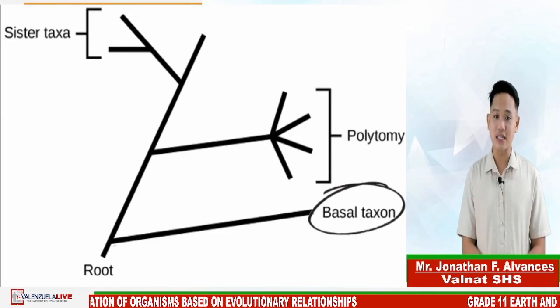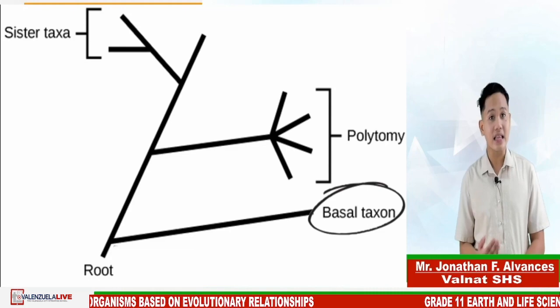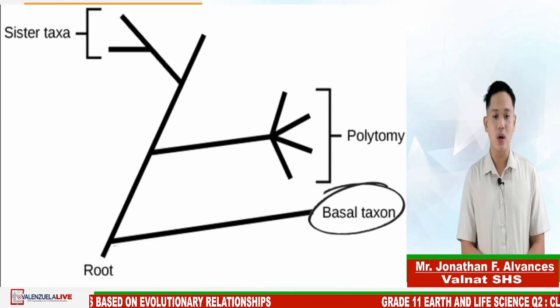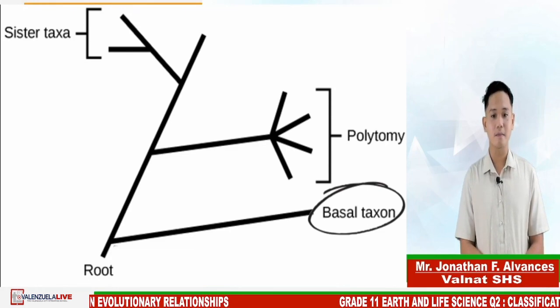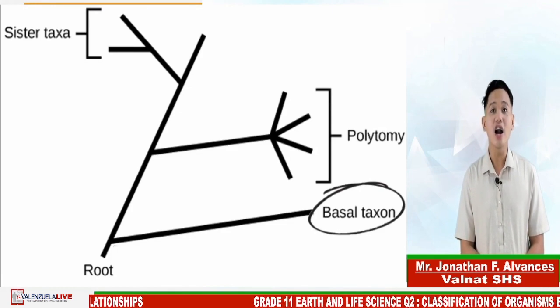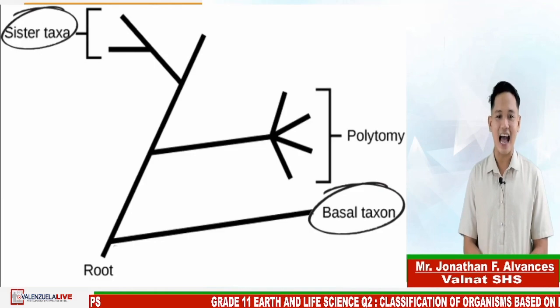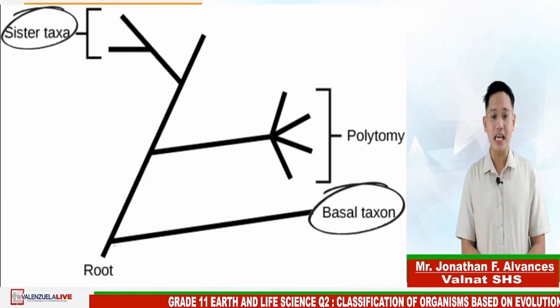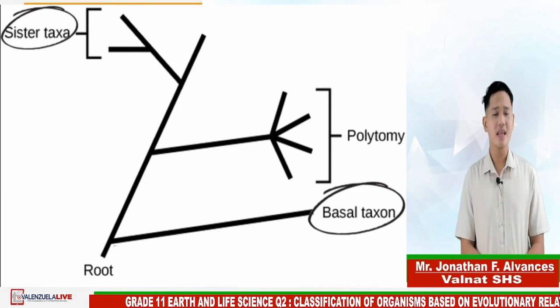A node splits into two branches and indicates a divergence or speciation event. The two lineages that branch off a node are called sister taxa. They share an immediate common ancestor.